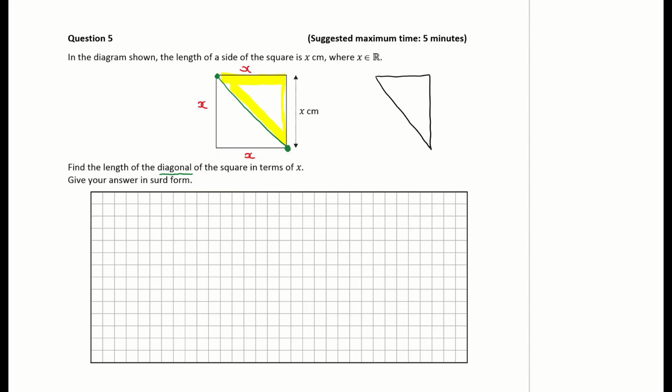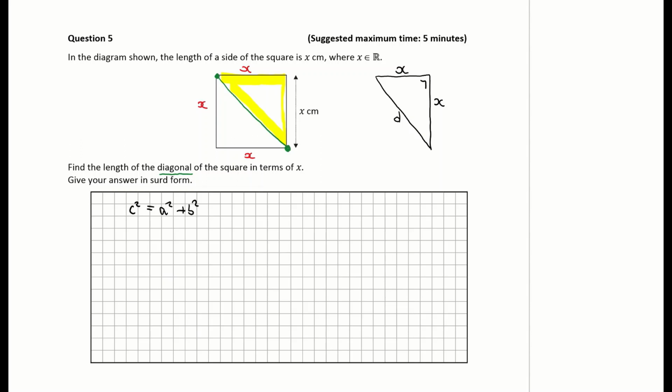And I'm trying to find the diagonal of that shape. And the diagonal of the shape I'll just call length D. D for diagonal. Because it's a square, I have angles in here which are 90 degrees. And if we want to find the length of a missing side of a right angle triangle, we can always use our Pythagoras theorem. And our Pythagoras theorem is c squared is equal to a squared plus b squared.